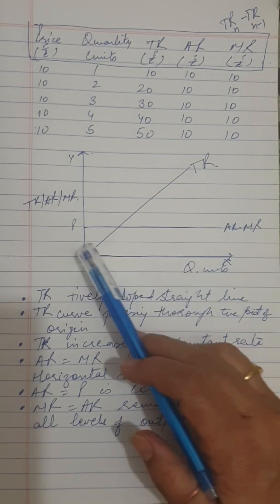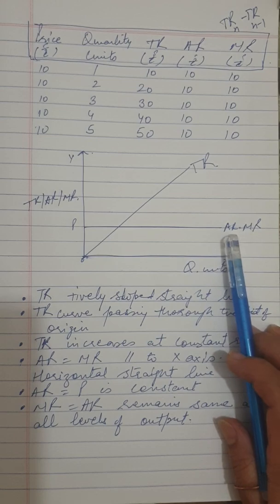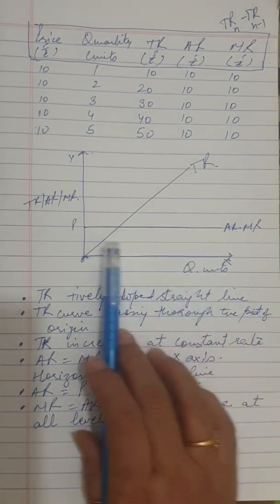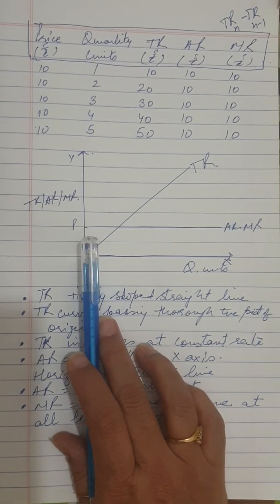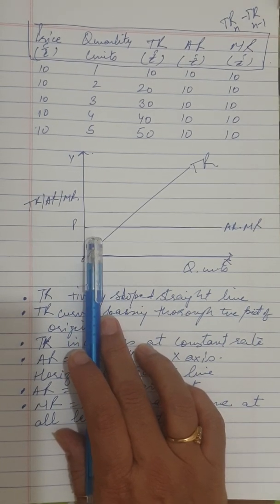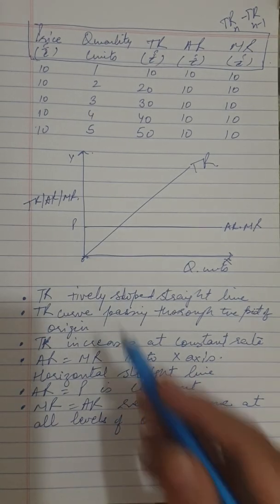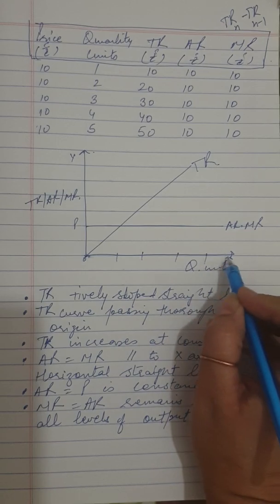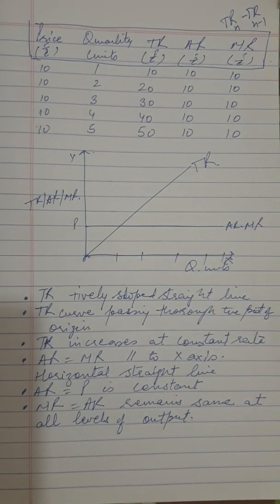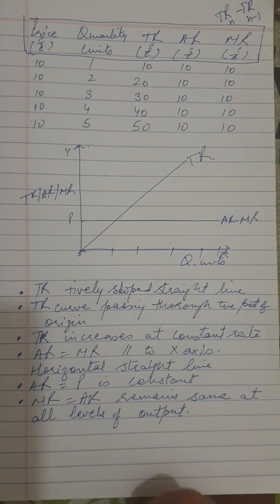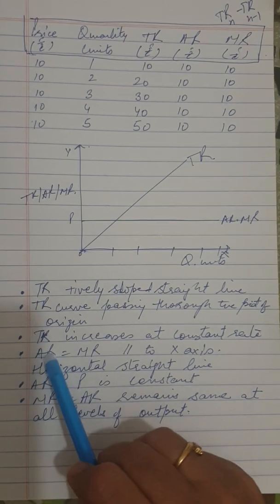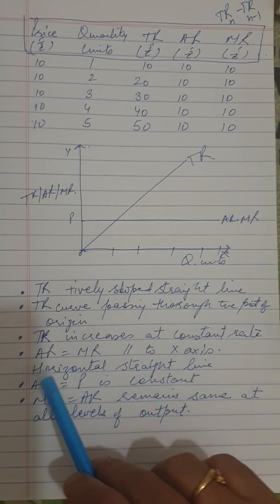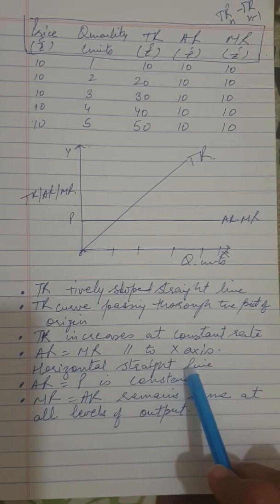So this shows price is equal to AR is equal to MR, which is fixed, which is constant, like the TFC curve you have done in the cost chapter, which is constant at all levels of output. AR is equal to MR, it is parallel to the x-axis and it is a horizontal straight line.